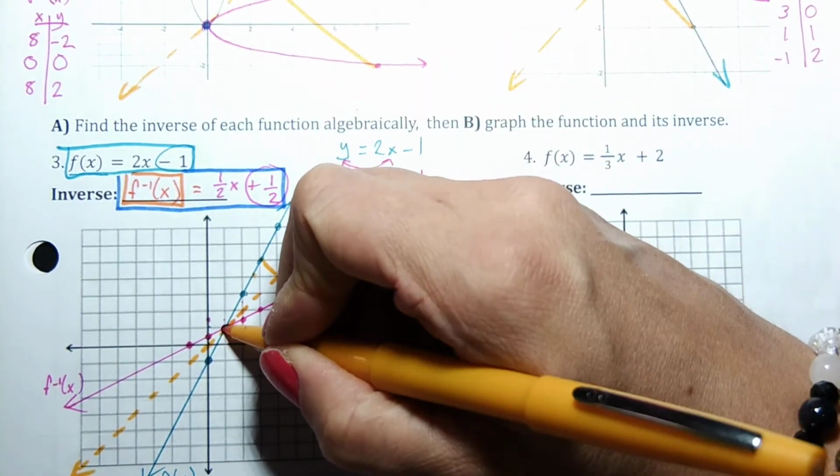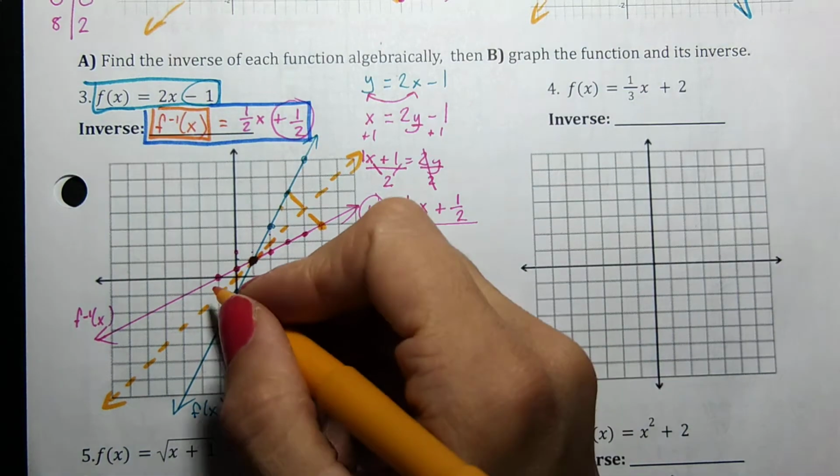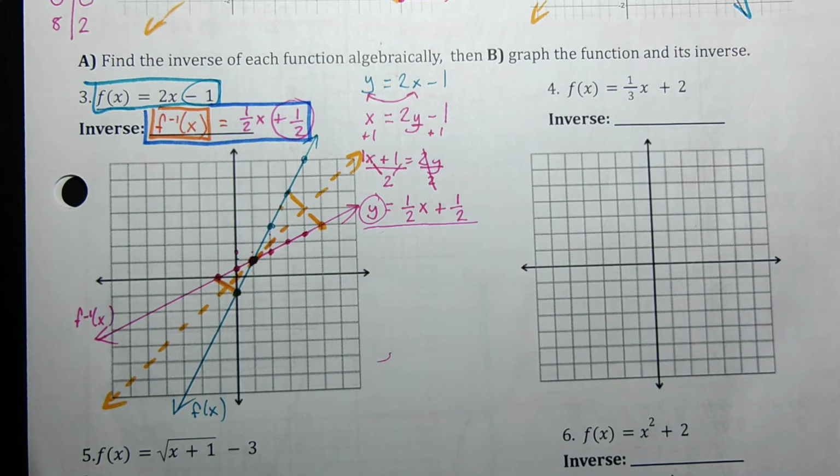This one that hasn't moved, it's exactly on the line. That was that point 1, 1, where if we switch the x and the y value, it's going to be exactly the same. And then this point moves an equal distance across that line. So we draw in that line of reflection because it's a good way to check our graphing and to possibly check our equations.